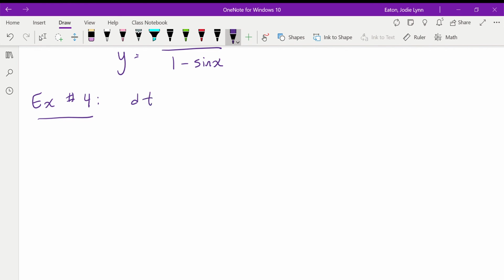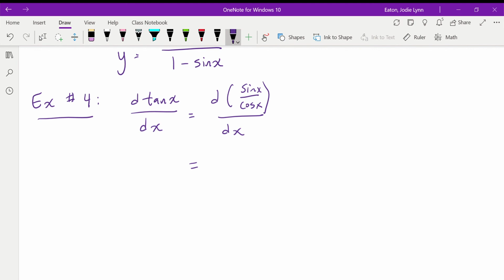So the derivative of tan x dx is equal to the derivative of sine x over cosine x dx. Okay, so what is that equal to?